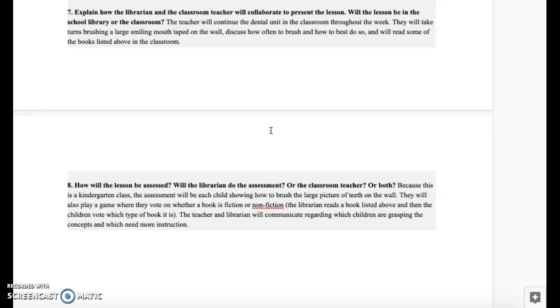But then the children can decide after I'm done reading the book, is this book a fiction book or a nonfiction book? And we can discuss why we think it is what it is. And then the teacher and the librarian will communicate together regarding which children are grasping the concepts and which need more instruction and who needs a little bit more help.